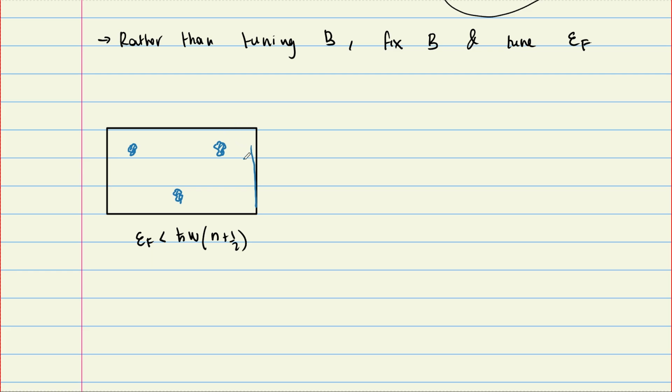In the edges I have a current in this direction and a current in that direction. So in this case, Ix is 0. What this means is sigma xx is 0, and sigma xy is going to be e squared over h for one state. Now I increase E Fermi to match this Landau level.